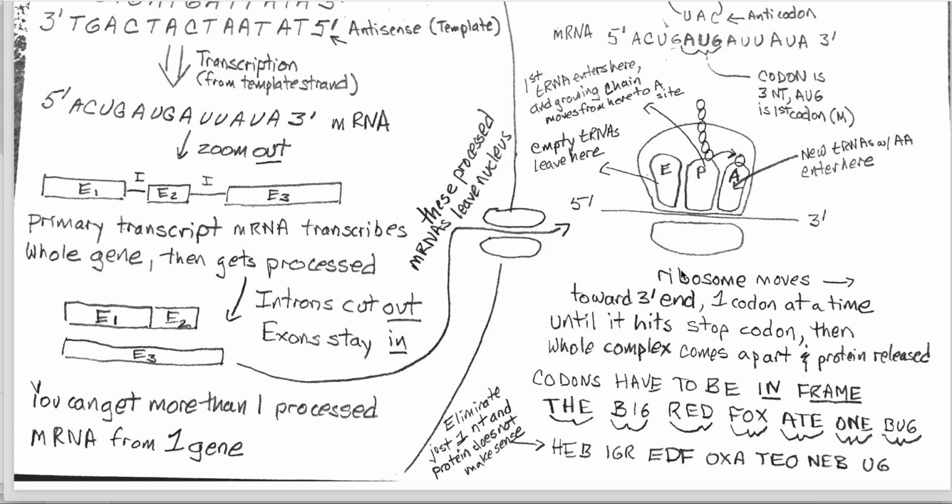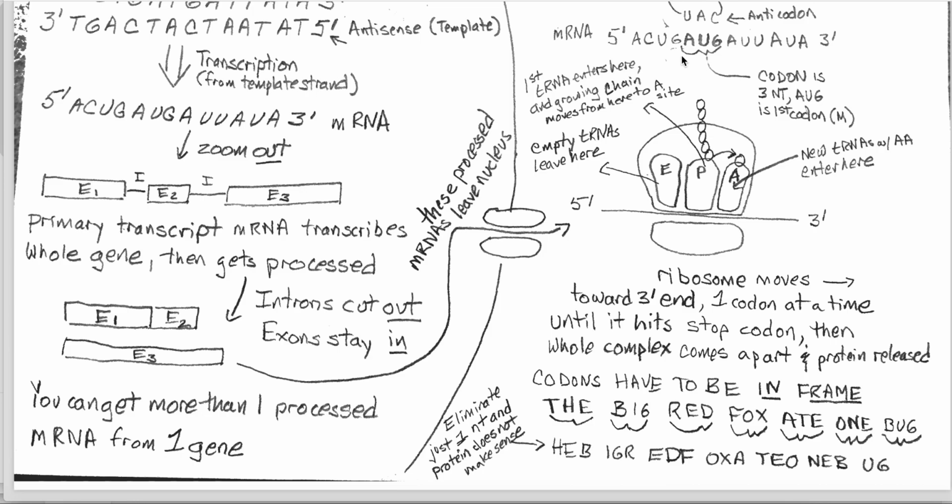So you can think about it almost like reading words in a sentence. And if all of your words have 3 letters in them, the sentence makes sense. The big red fox ate one bug. Okay, and that's not great literature, but at least you can sort of figure out that it makes sense.